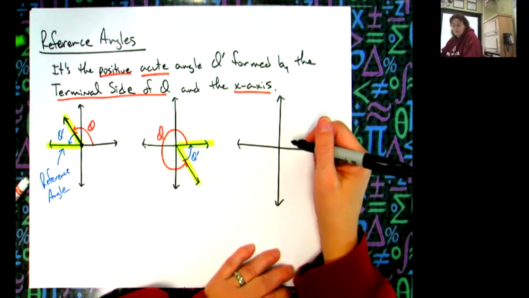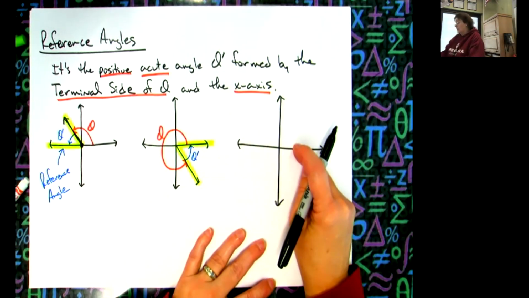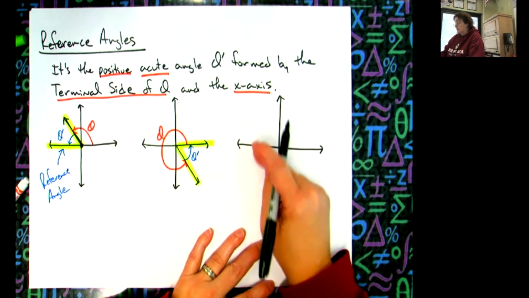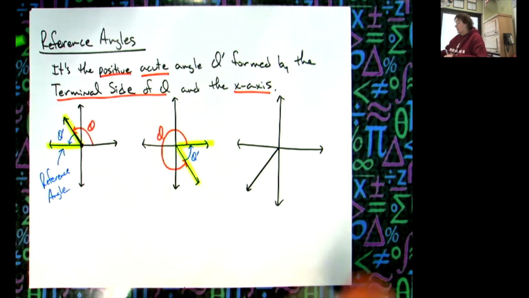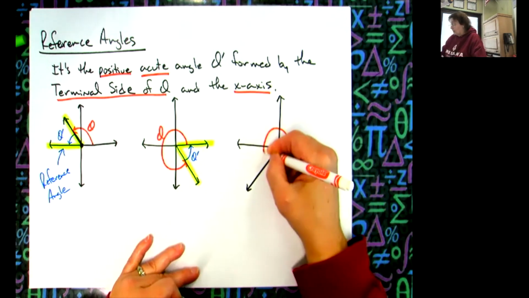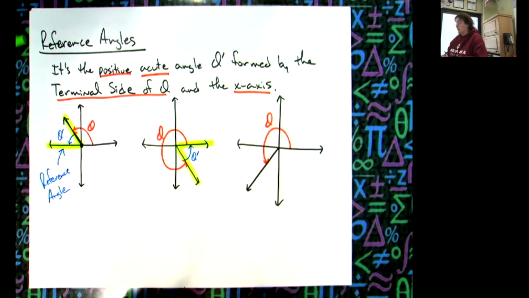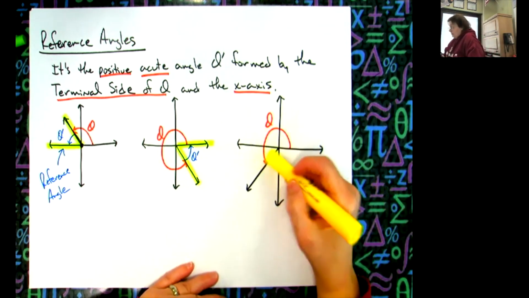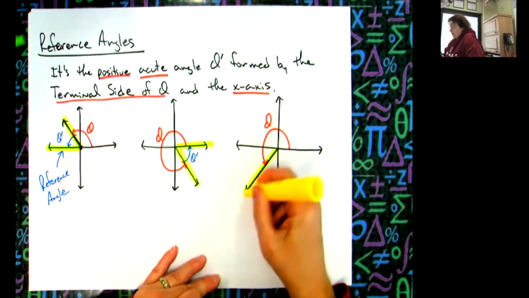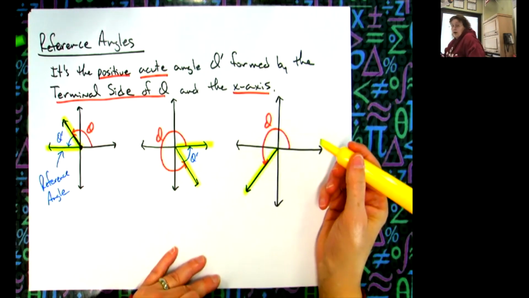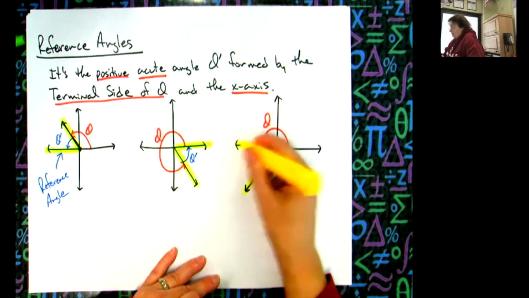Let's suppose my original theta comes down to the third quadrant. So I start on the x-axis and I come around to here. There's my theta. Now, the terminal side of theta: this is where it ended, so this is the terminal side of theta, and the x-axis is right here.